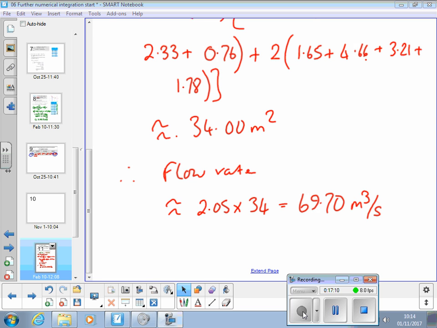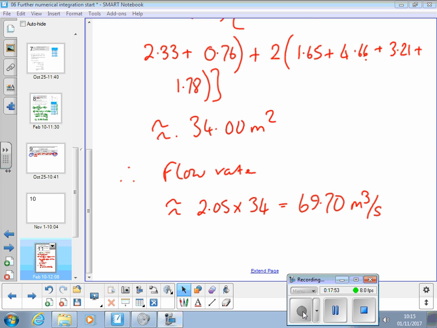You've got no mathematical method, but you can use what you've learnt from doing Simpson's rule with the mathematical function and the other two to say Simpson's rule is more likely to be the closest one with the same number of intervals. Certainly with the mid-ordinate, you've had to reduce your number of intervals to go halfway between anyway, so that's likely to be the least accurate. But from what you've done with the other function, you can be pretty confident that Simpson's rule is more likely to be the closest.